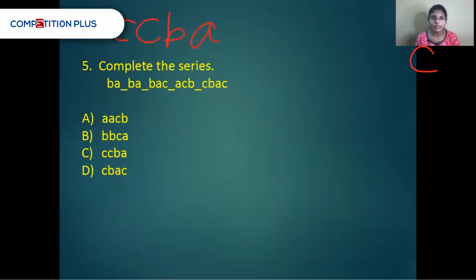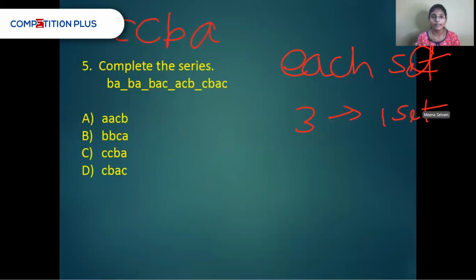Find out the pattern and then fill the missing letter for each set. I would like to underline the words each set. Each set means if it is a group of three letters, then three letters will make your first set. And then fill the missing letter accordingly. If we fill the pattern, CCBA is the answer for the given question.